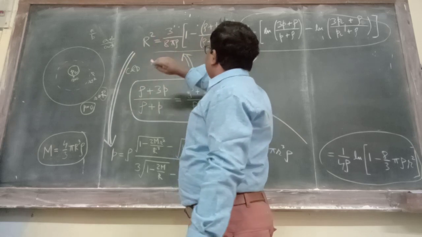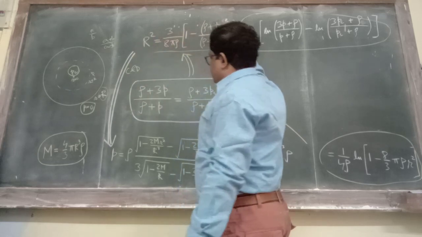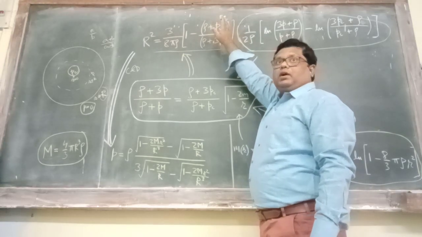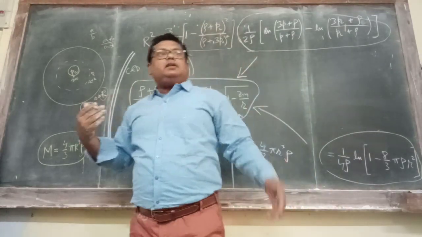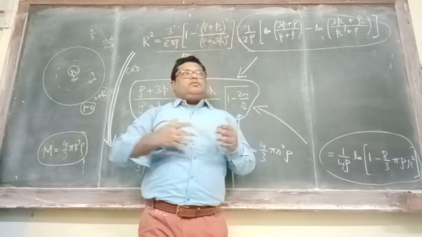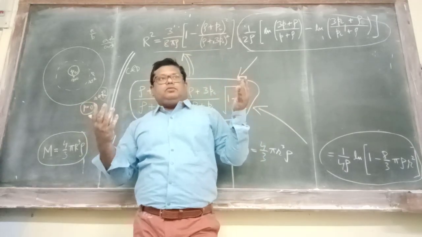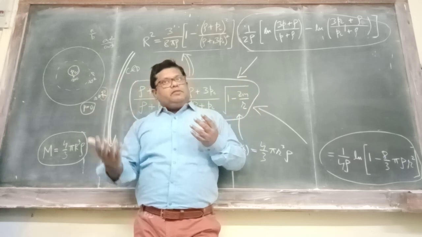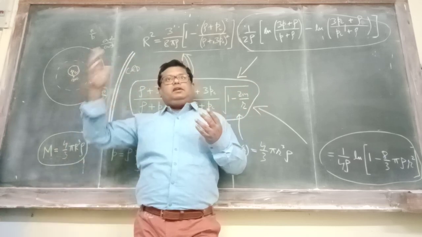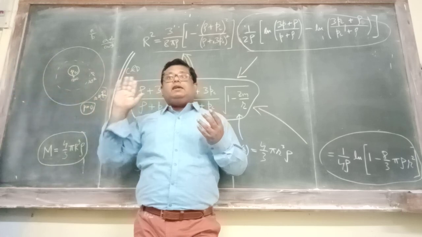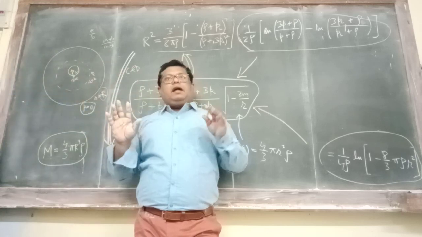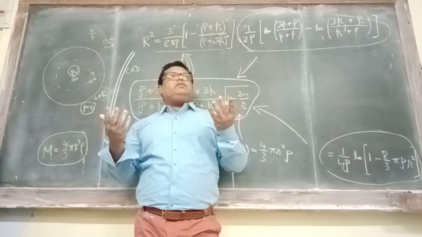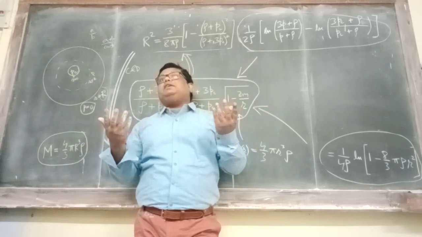Next, I am going to look into the structure of this expression here. What is the aim of this entire calculation? What do we want to do? We have got a relativistic hydrostatic equation, dP/dr, and we have got a constant density. These two things we have. What do we want generally? Pressure, how it changes.